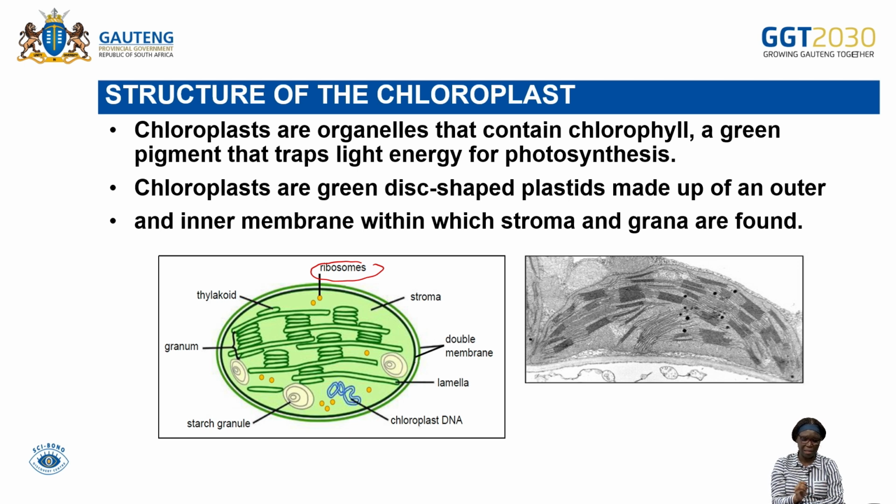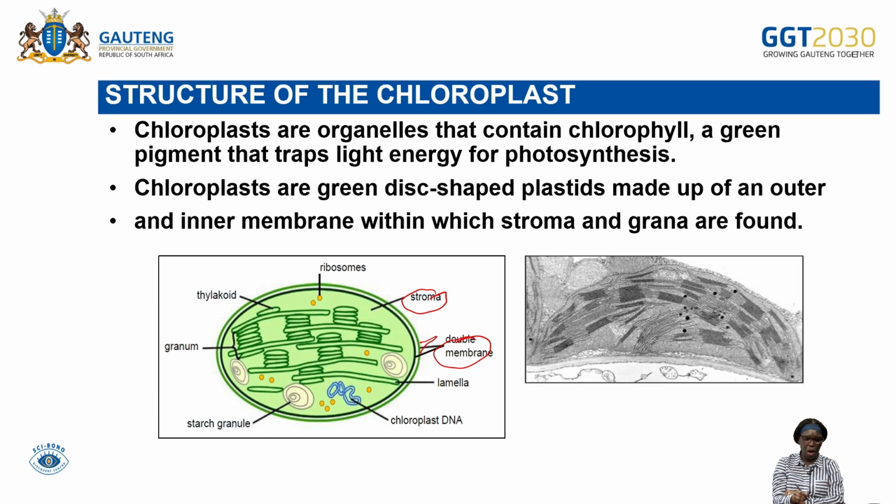Of proteins, okay? But now, the most important parts that we are going to learn more about within the chloroplast is the stroma. It has the double membrane: the inner membrane, the inside, and the outer membrane, the outside.